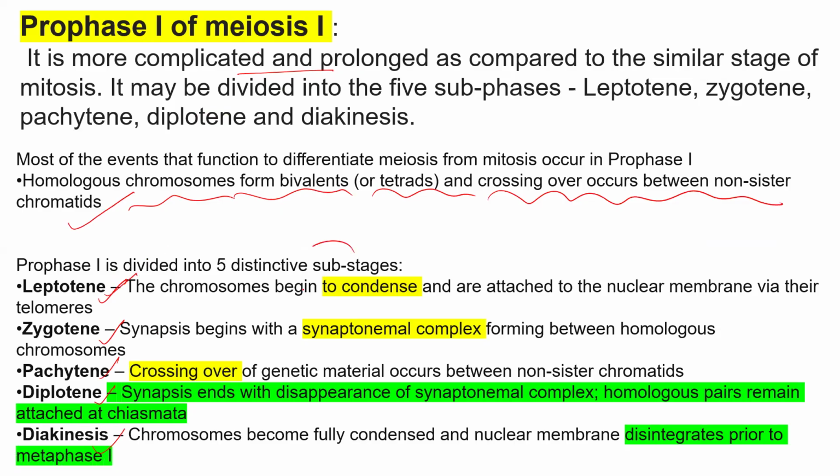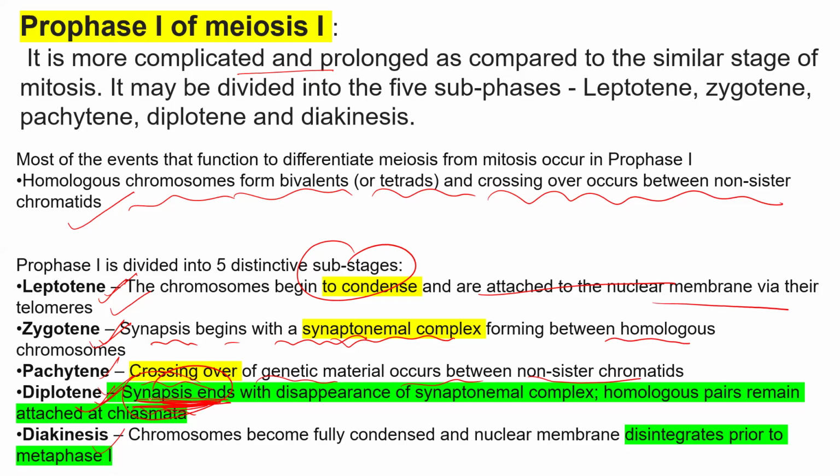So prophase 1. Leptotene: condensation of chromosomes, attached to the nuclear membrane via the telomere ends of the chromosome. Zygotene: synapsis begins with the help of the synaptonemal complex forming between homologous chromosomes. Pachytene: crossing over of genetic material occurs between non-sister chromatids. Diplotene: synapsis ends.